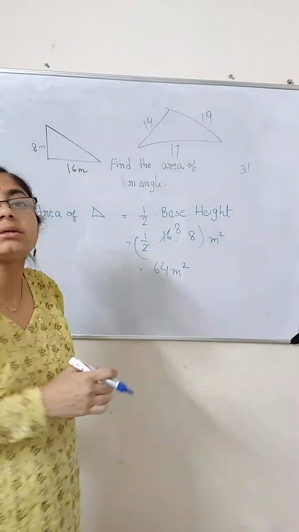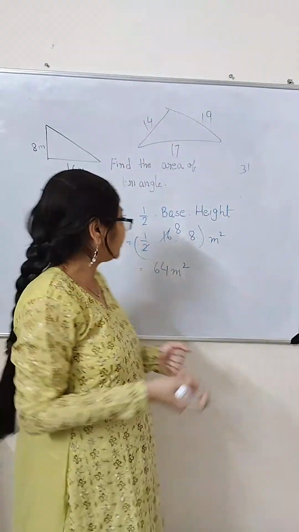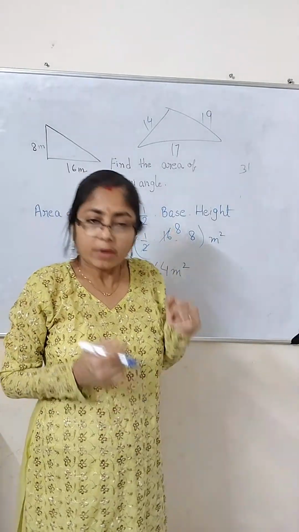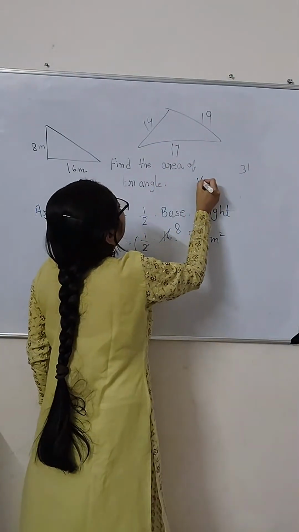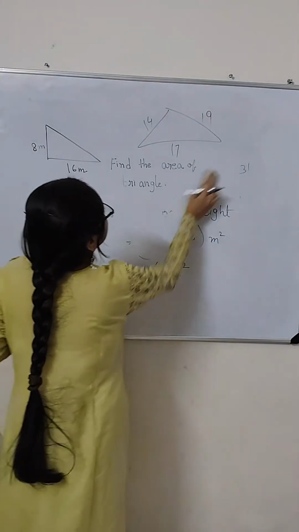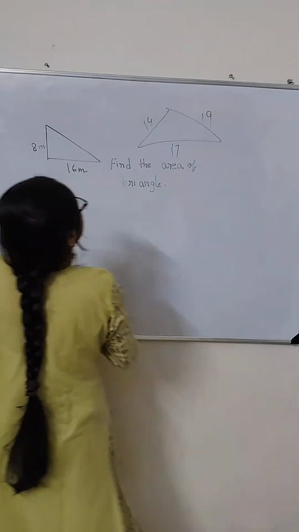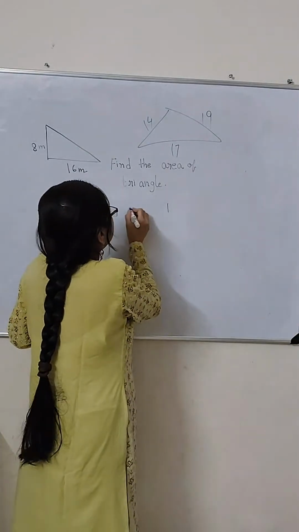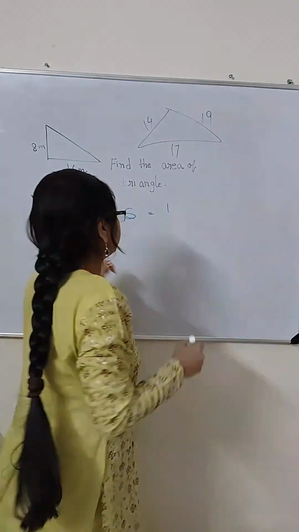So in that case, how can you find out the area of the triangle? You apply Heron's formula. In that case, you find out S. S means semi-perimeter.